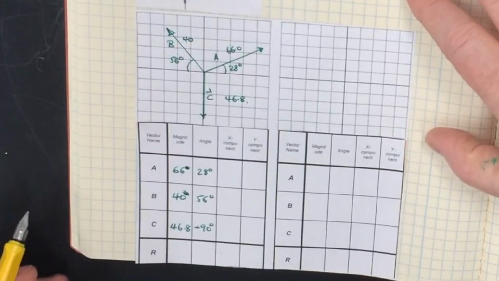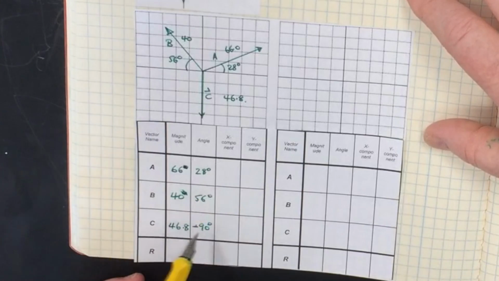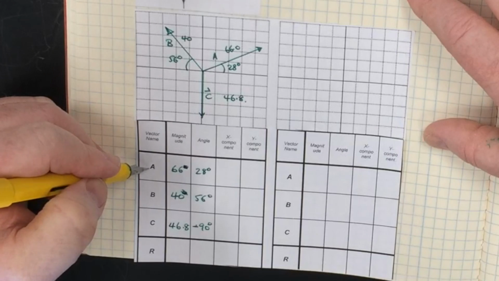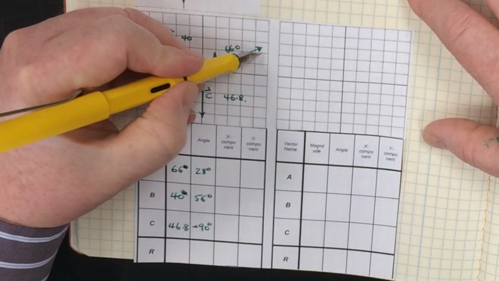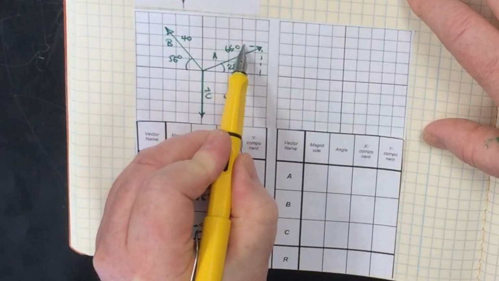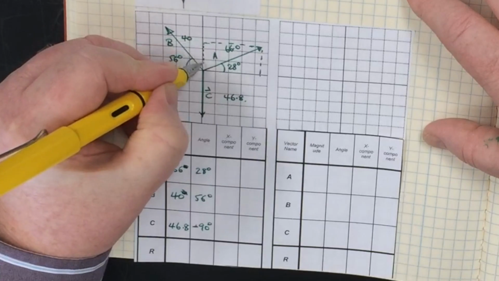Okay, once I've entered these in, I need to determine both the x and y components of each of these vectors. If I look at these, the components are going to be given by the projection onto these axes.